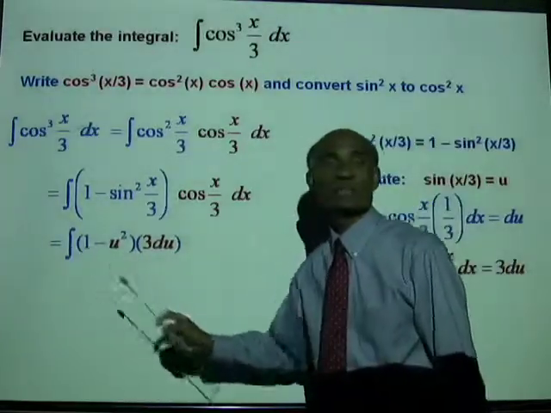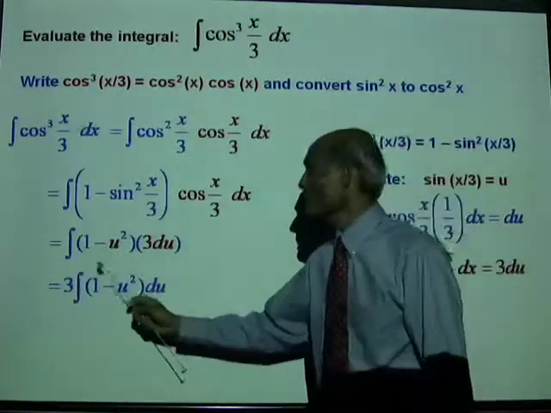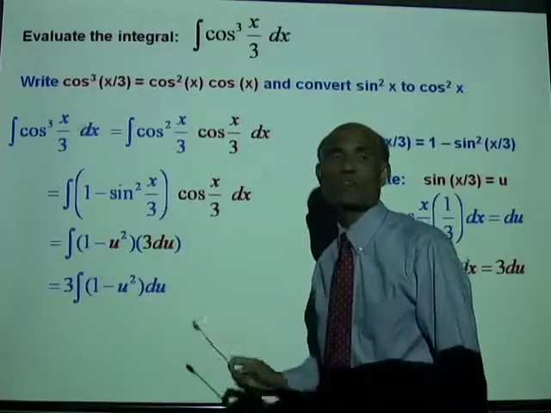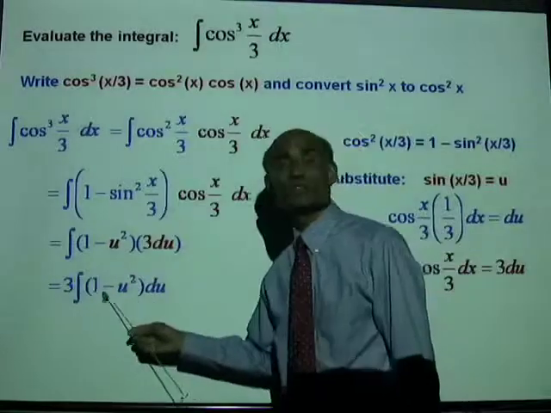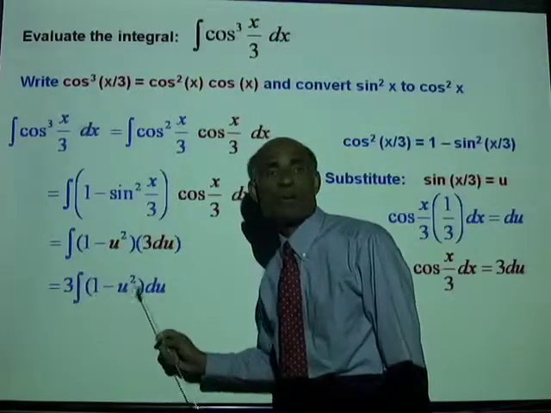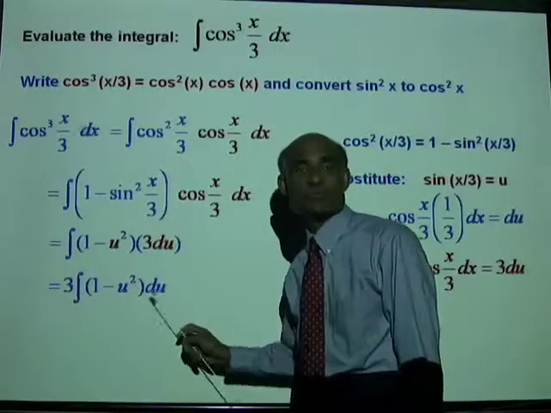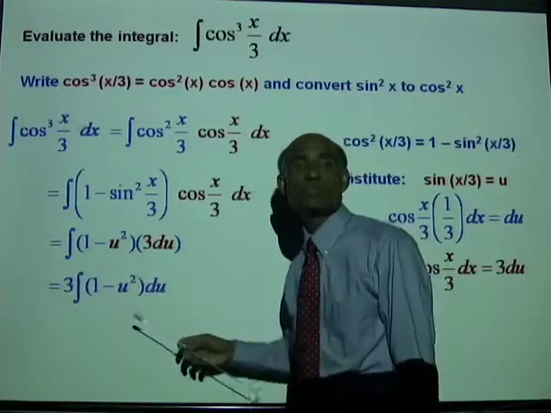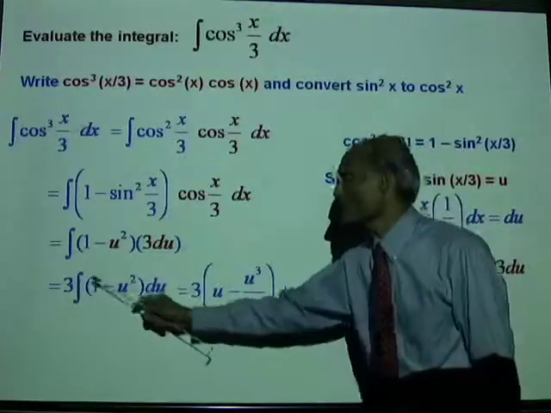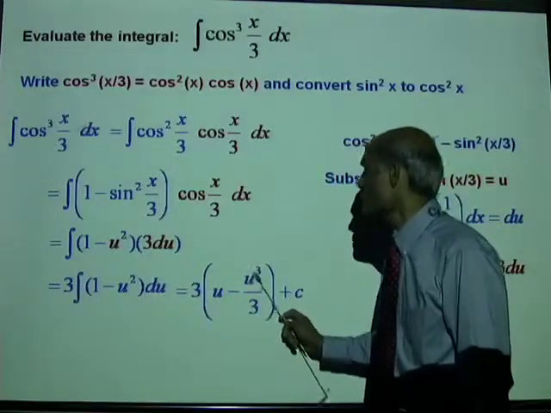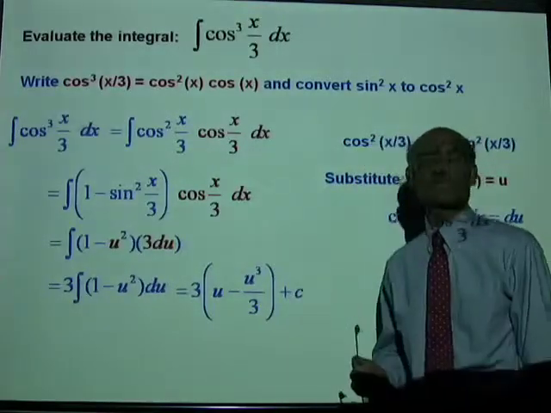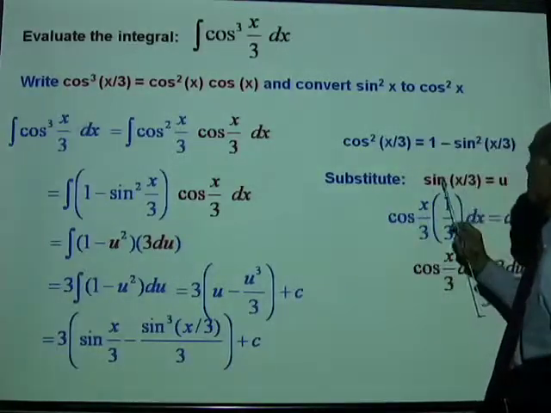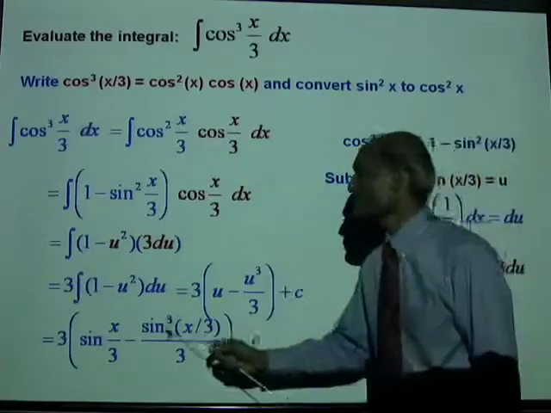And 3 can be taken out of the integral. That will be 3 integral 1 minus u squared du. You can integrate that. Integral 1 du is u minus integral u squared du is u cubed over 3. So that will be 3 times u minus u cubed over 3 plus c. And replace our u. What is our u? U is sine x over 3.